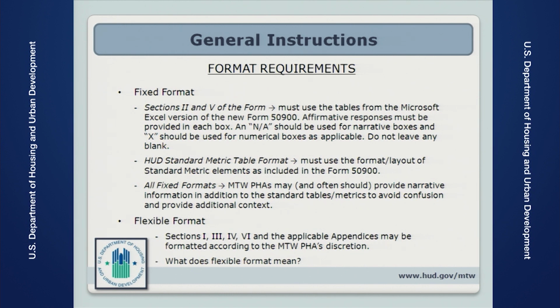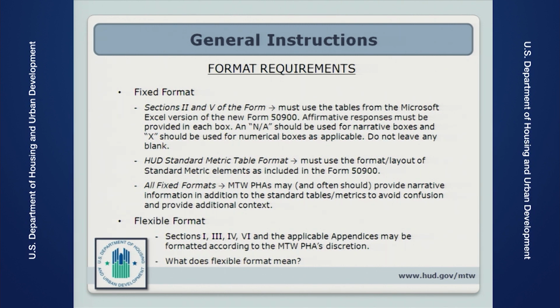The standard metrics are also a part of the form that is in the fixed format. The standard metric tables must be provided with each activity that you have in your proposed and approved activity sections. They need to be provided in the tables that we show, but again, in the plan and report document, you can change fonts and colors.